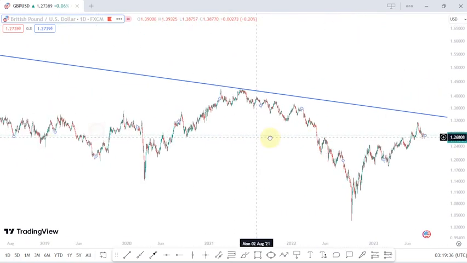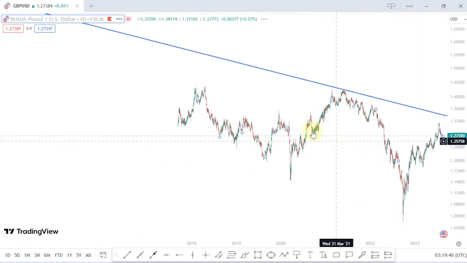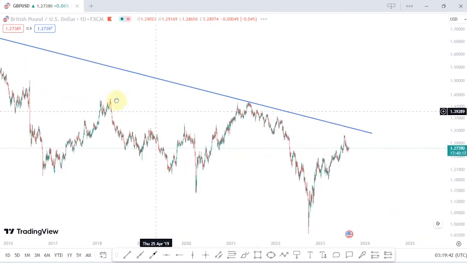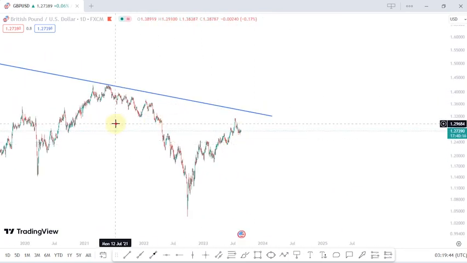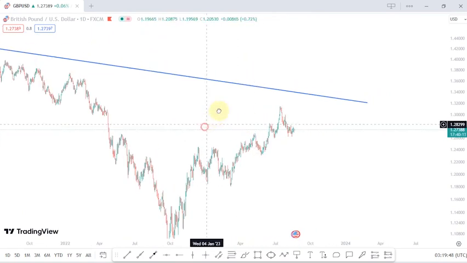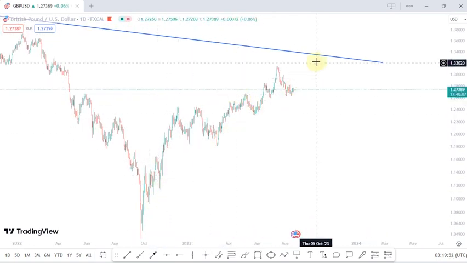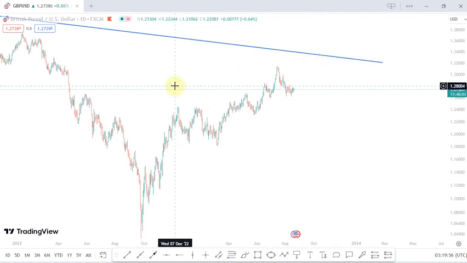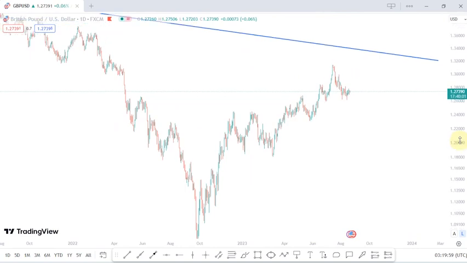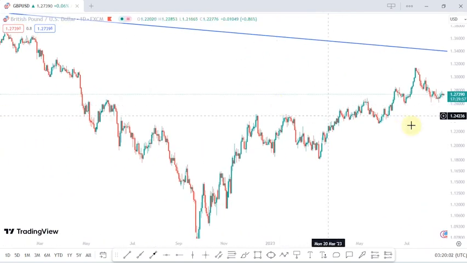So from the daily time frame, what can we see? We can see a retracement to the trend line from the monthly time frame. So what we can do now is to throw in another trend line or plot support and resistance.